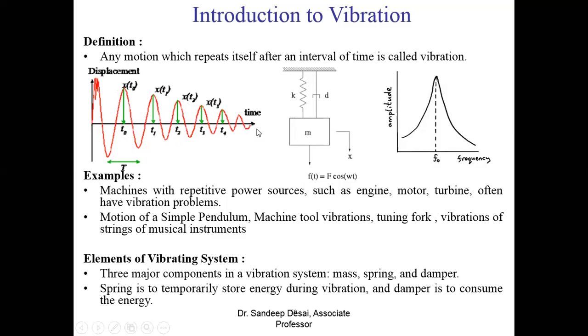So what is vibration? How will you define vibration? Any motion which repeats itself after an equal interval of time is called vibration. I have tried to put a number of figures in front of you so that you can easily understand. This is periodic motion which repeats itself after an interval of time.